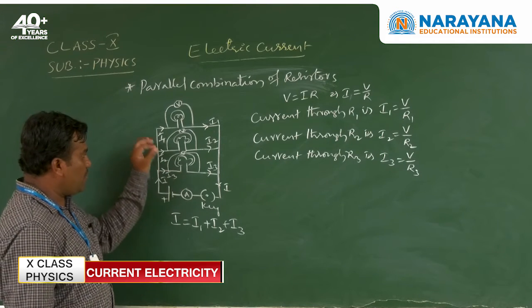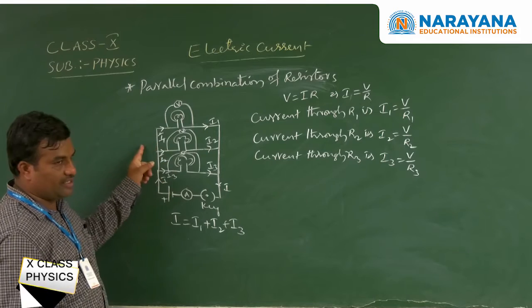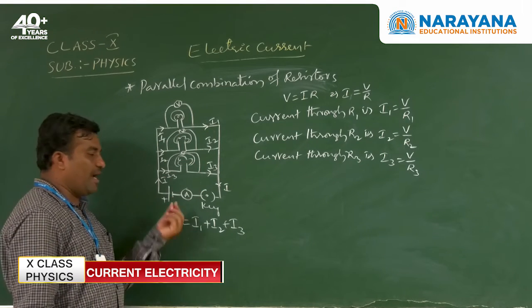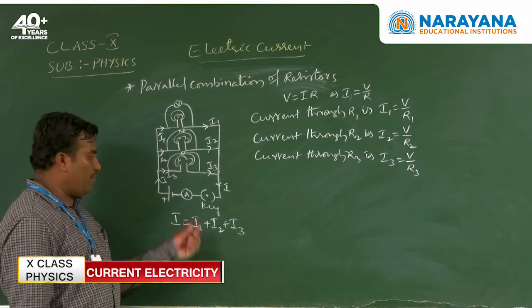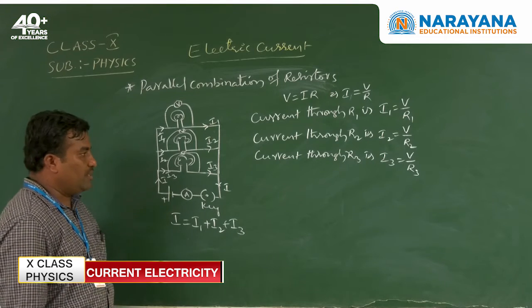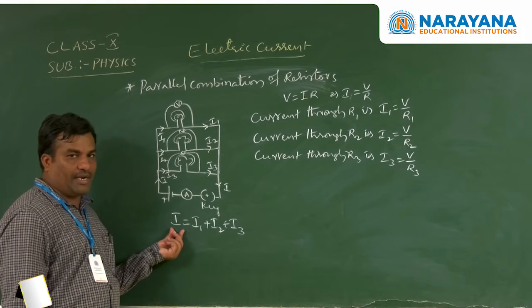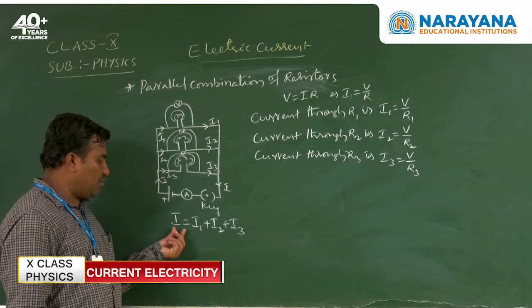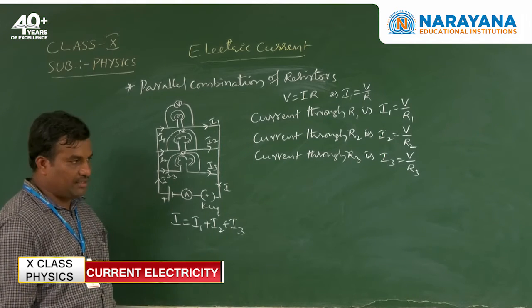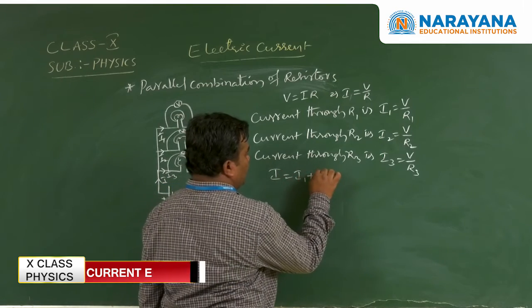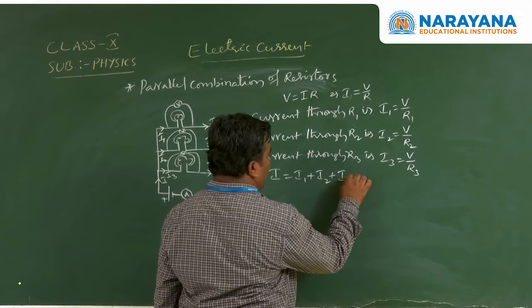Here we can observe all the first terminals meet at a single point, and all the second terminals meet at another point, connected to the battery's positive and negative terminals through an ammeter and key. The current at the first end is equal to the sum of the individual currents. So I is equal to I1 plus I2 plus I3.